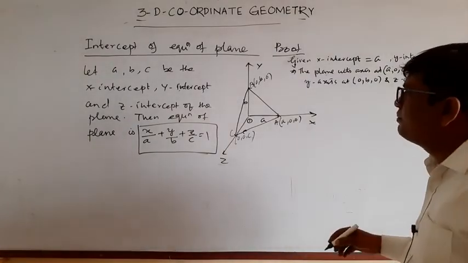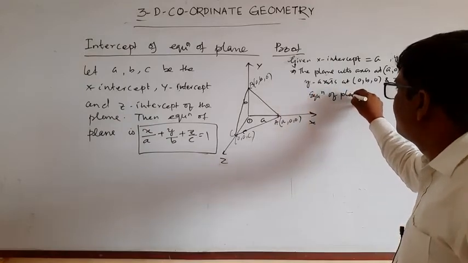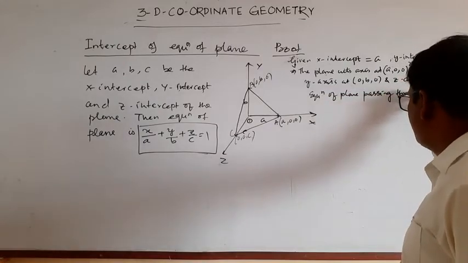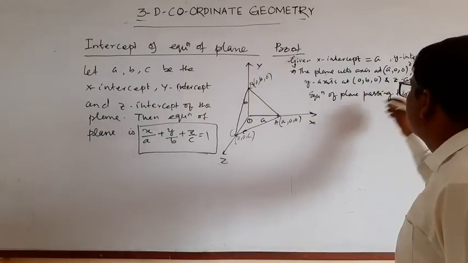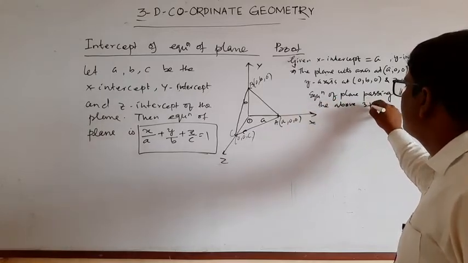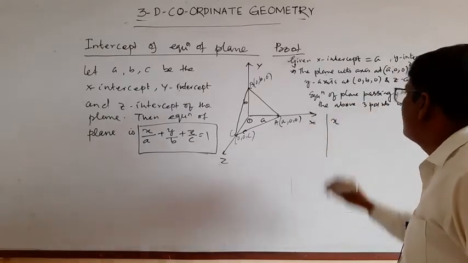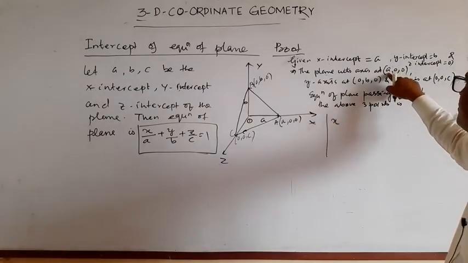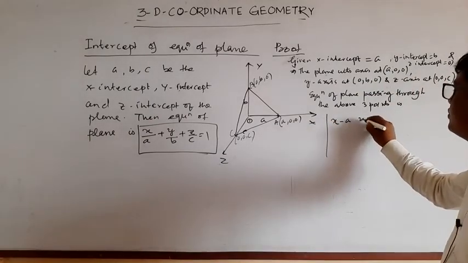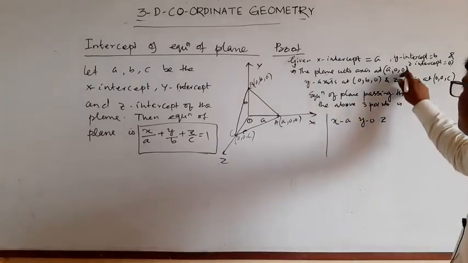So the equation of the plane passing through the above 3 points is: x minus a, y minus 0, z minus 0, where this is x1, y1, z1.